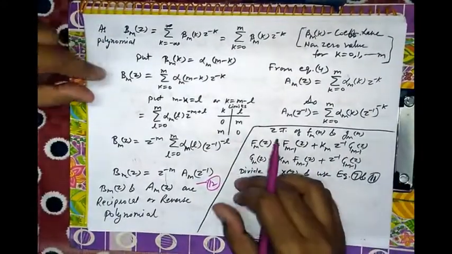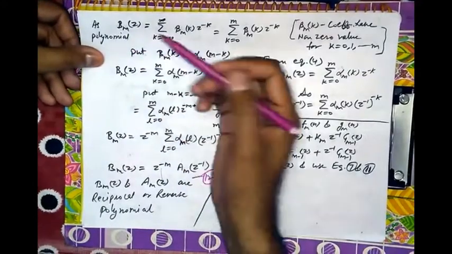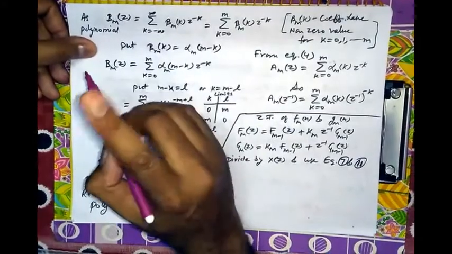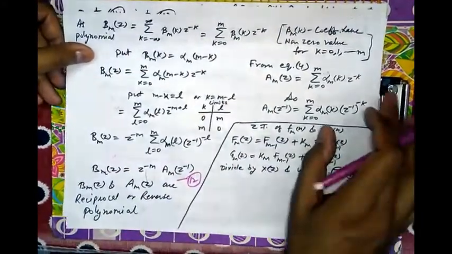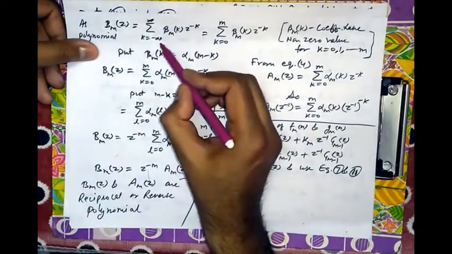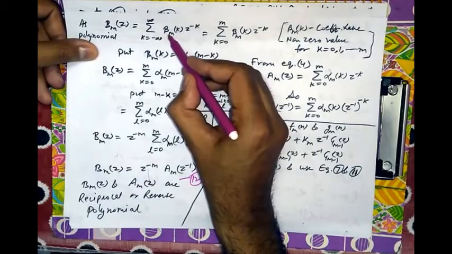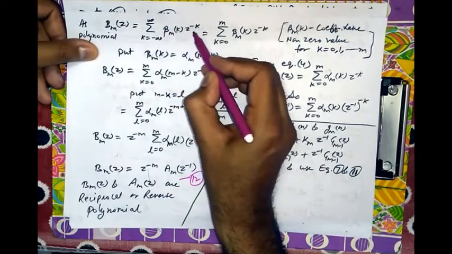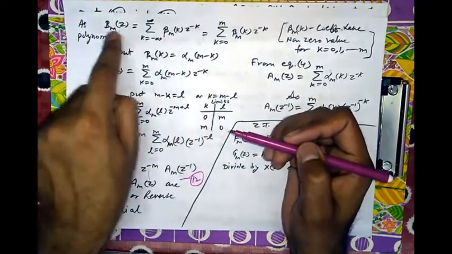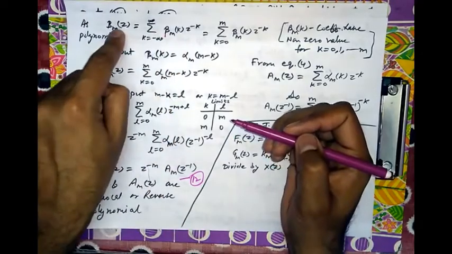Now for the relation between these two polynomials, because these are reverse polynomials, Bm(z) and Am(z). Bm(z), similar to that of Am(z), is the z transform of beta m,k, which we studied in the last slide: the sum for k from minus infinity to infinity of beta m,k z raised to the power minus k. It is a z transform pair because beta m,k and Bm(z) are a z transform pair, one in the time domain and one in the z domain.